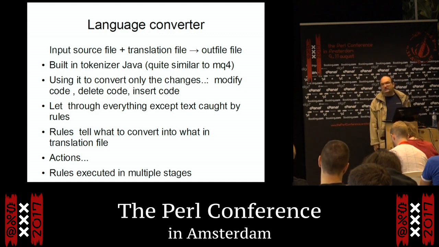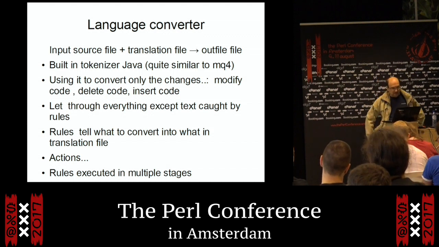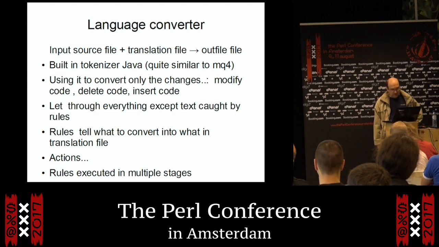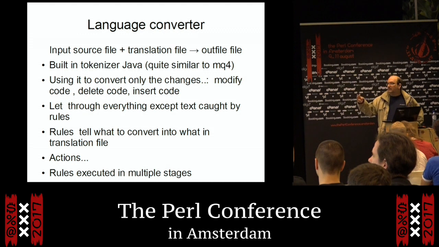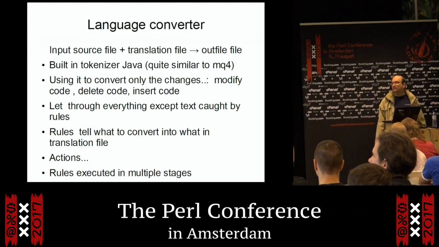To make the whole conversion safer, I use a tokenizer in the converter, which allows me to match patterns at token boundaries, at the beginning of the tokens, which can make the conversions safer.